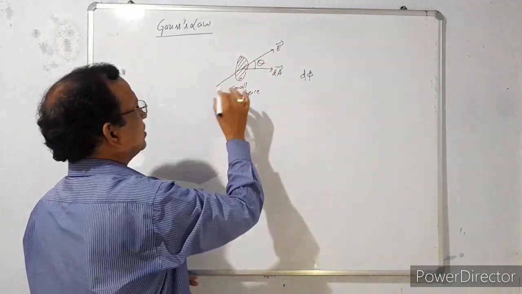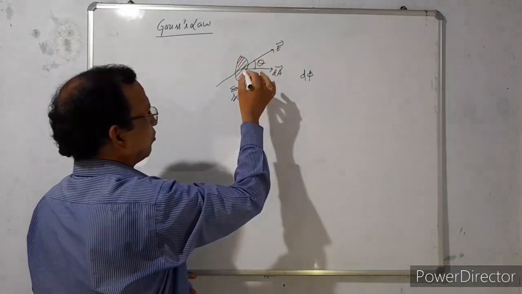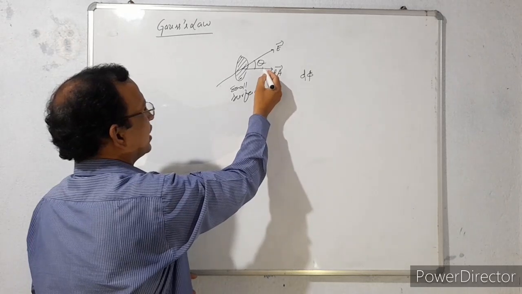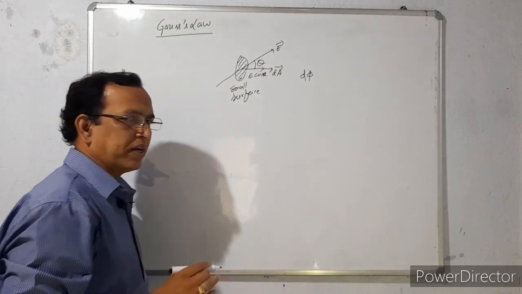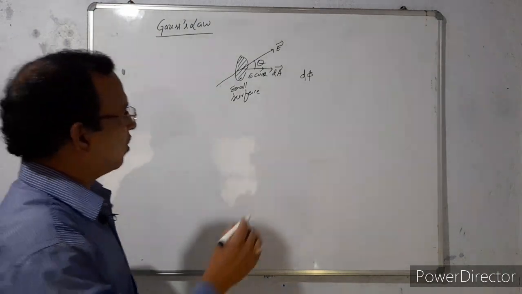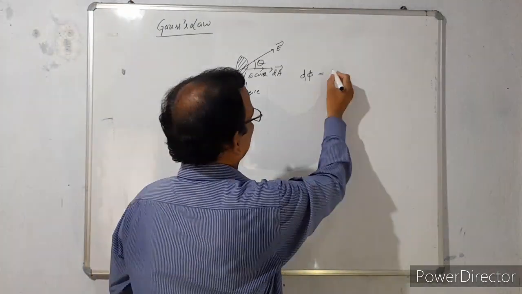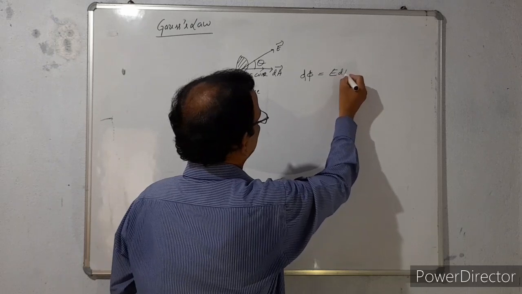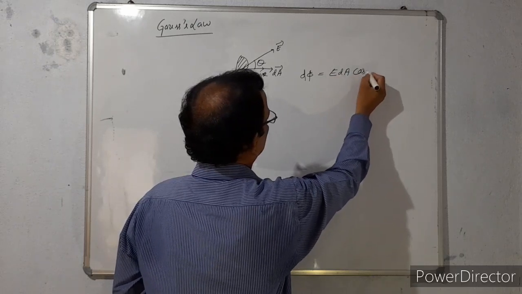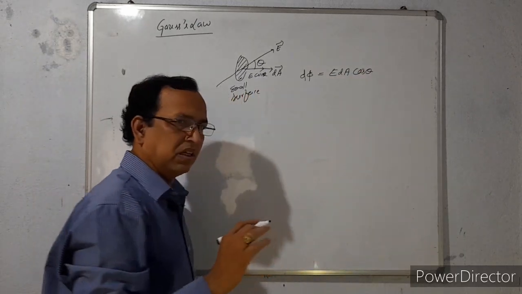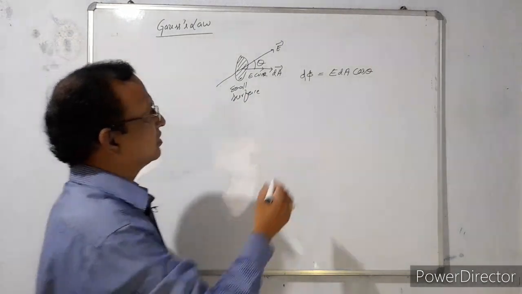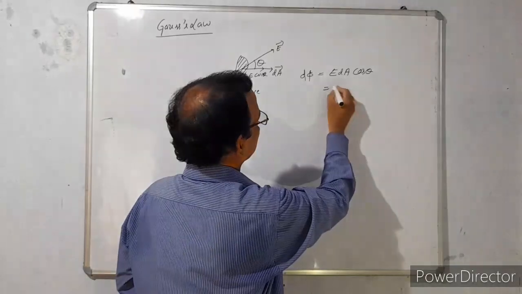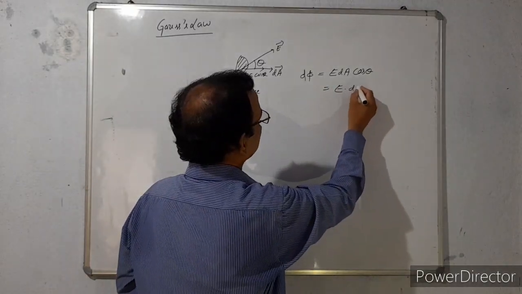This electric field is resolved into two components. Along this direction, the field is E cos theta. So what is the electric flux d phi? That is equal to E dA cos theta. Clear? So E dA cos theta is E dot dA.